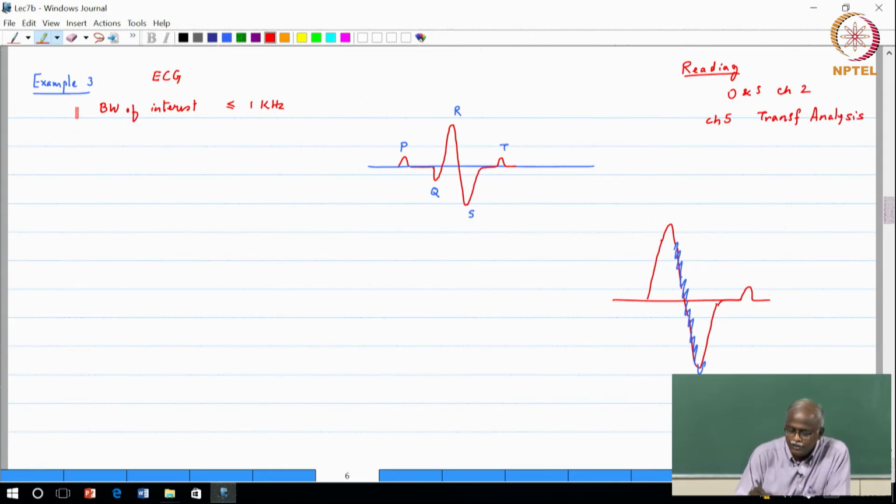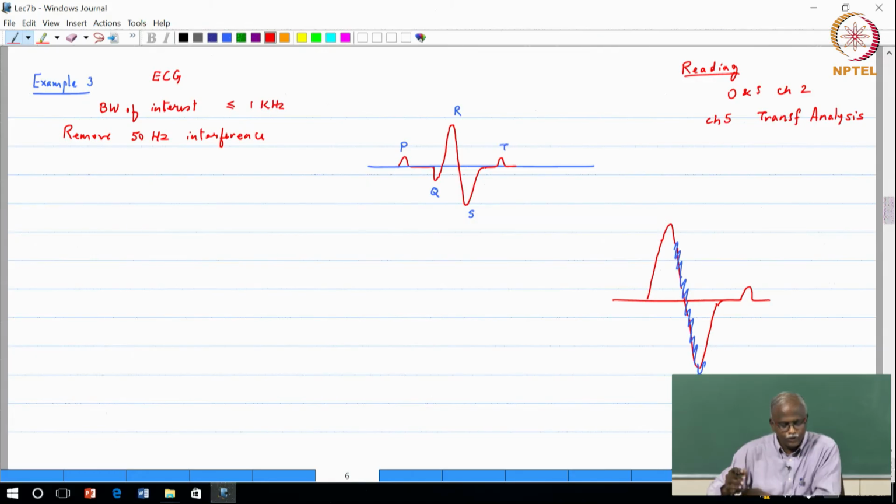So, the frequency domain interpretation of this problem is that we want to remove the 50 hertz interference, and in the process you will remove the 50 hertz content in the signal as well, but you are saying make it as narrow as possible. So, design as tight a band stop filter or a notch filter.